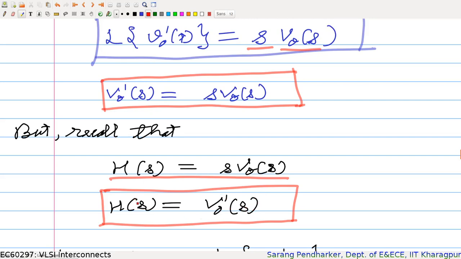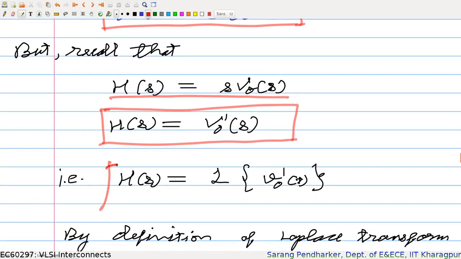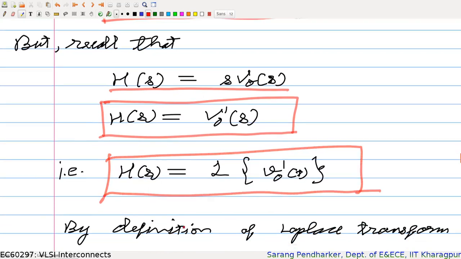I repeat, if the input to your system is a unit step signal, then the transfer function is equal to the Laplace transform of the time derivative of your output voltage. So your output voltage is V out of t, its time derivative is V out prime of t, and its Laplace transform is equal to the transfer function, right? Yeah, this is what I was mentioning.